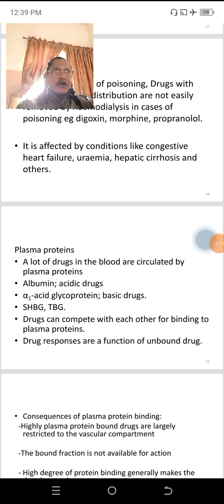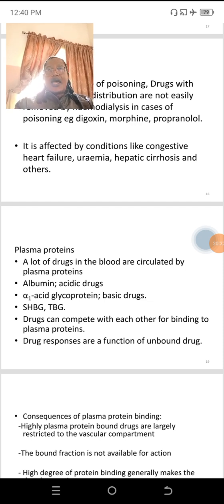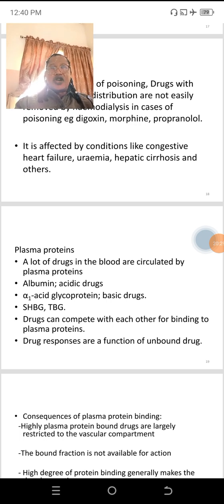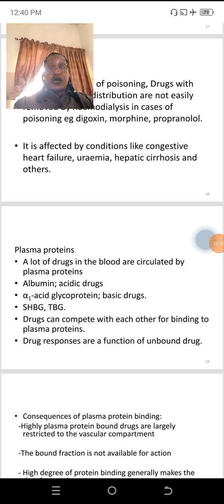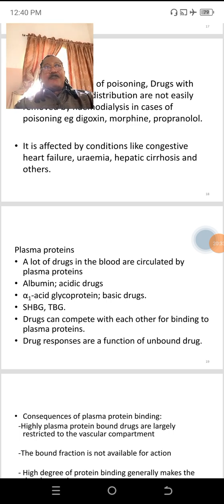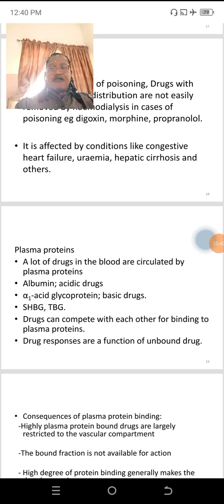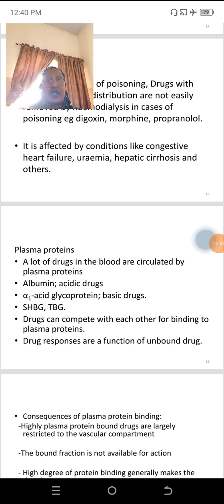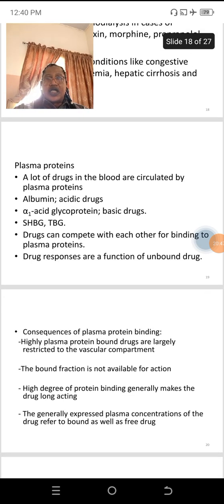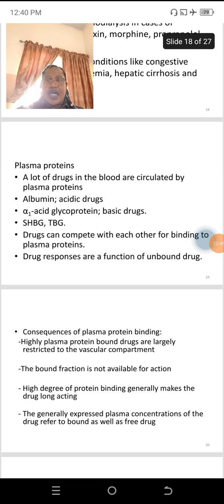The toxicity and the pharmacologic effect of drugs are manifested by the free or unbound drugs. So if a drug is displaced from its binding site by another drug, the free fraction of the displaced drug becomes higher. Therefore, there could be exaggeration of the pharmacologic and toxic effects of that displaced drug.